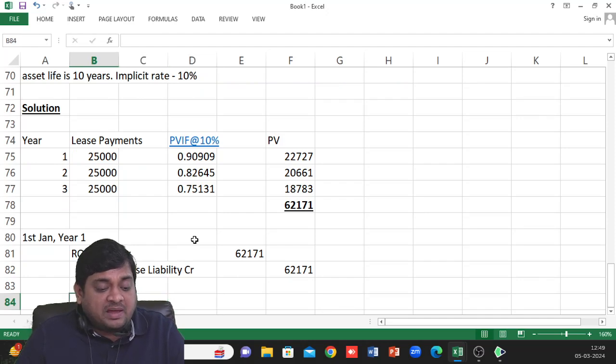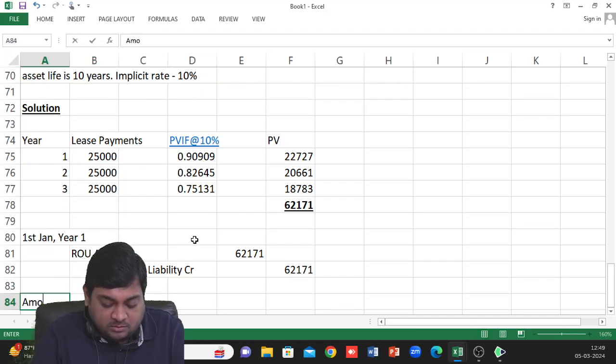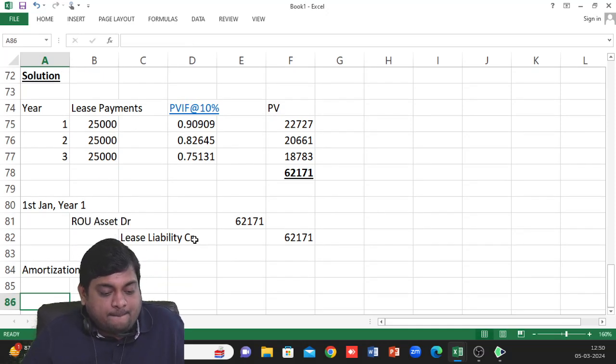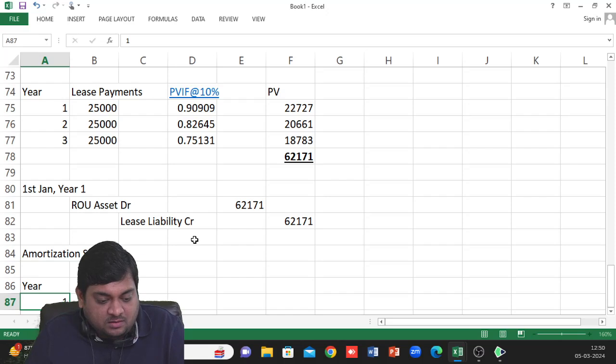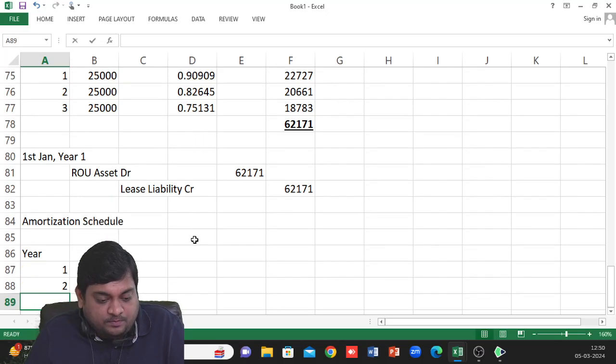Now we need to prepare the amortization schedule. Year 1, 2, 3.